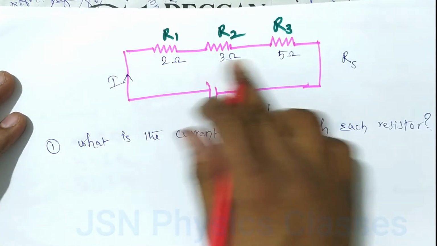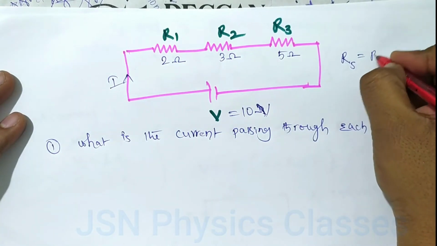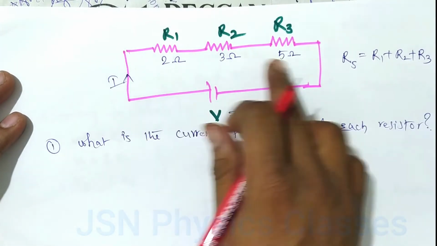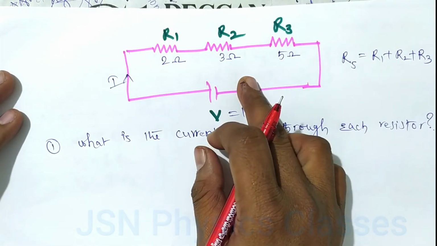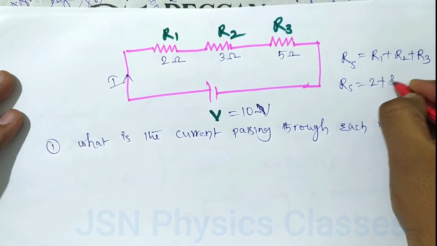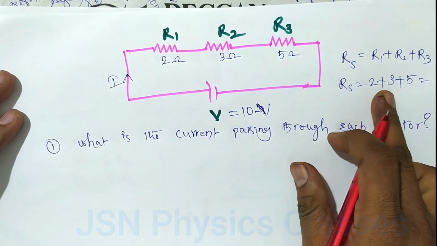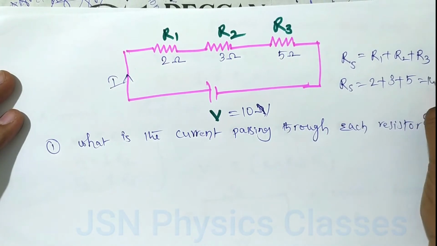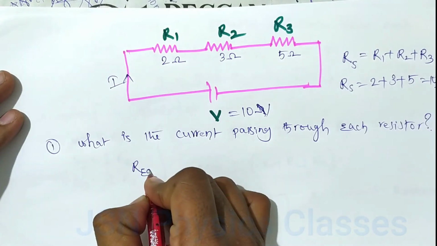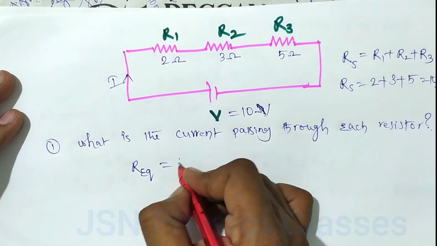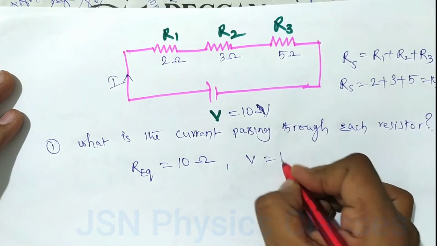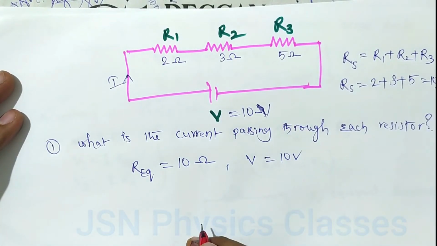If the 3 resistors are in series, Rs is equal to R1 plus R2 plus R3, that is the sum of all the resistors in series. Now Rs is equal to 2 plus 3 plus 5. So 2 plus 3 is 5, plus 5, that is 10 ohm. So the equivalent resistance is 10 ohm and the voltage is 10 volts.